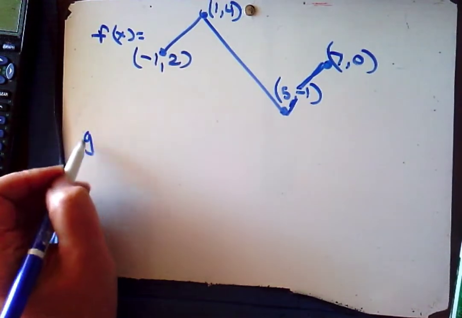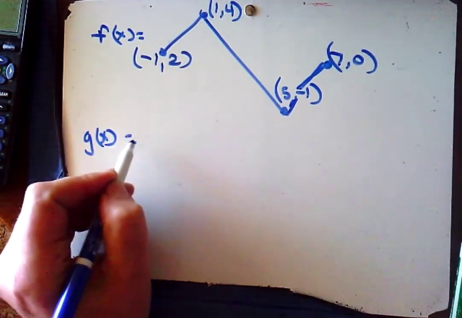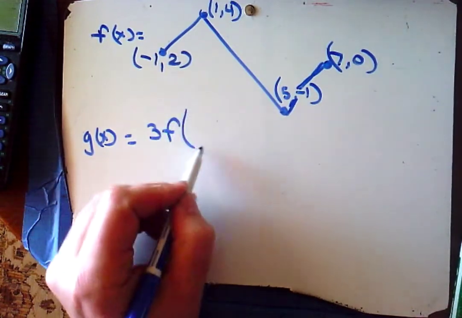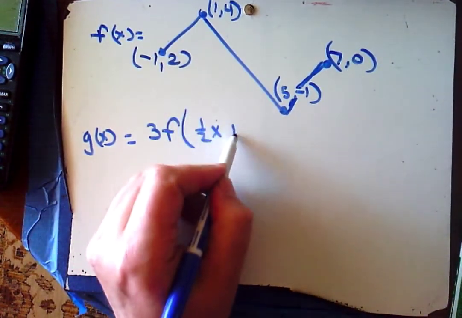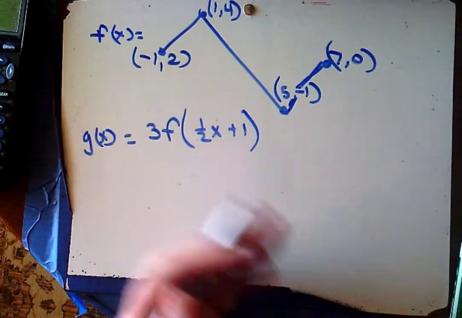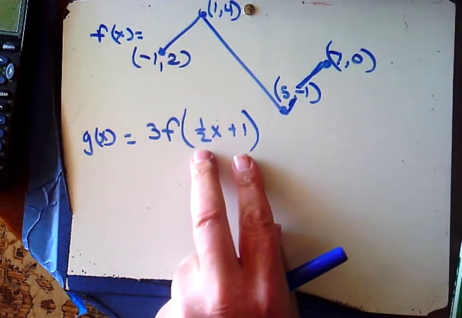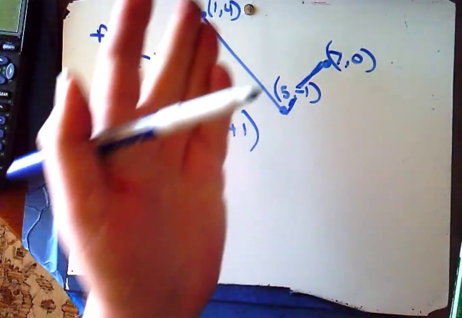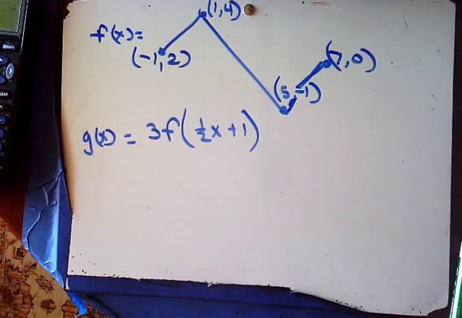And now I want to imagine graphing g of x, which is 3 times f of 1/2 x plus 1. I see 3 transformations here, 2 x transformations and 1 y transformation. And what am I applying it to? I'm applying those transformations to these points.